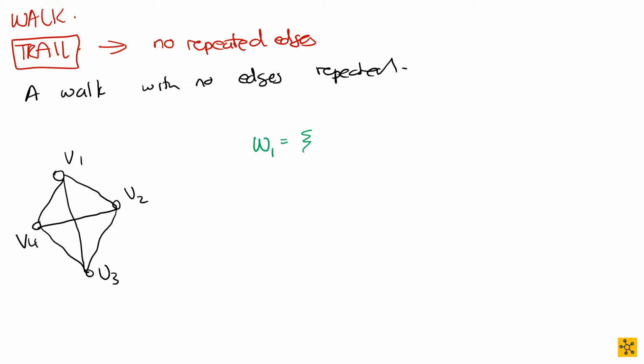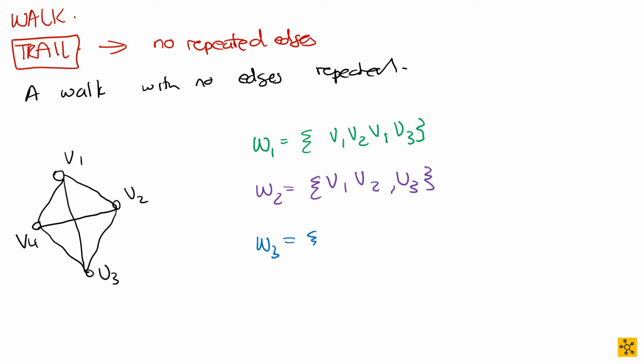W1, and we're going to call W1 from V1 to V2, back to V1 to V3. Then we're going to have W2, which is V1, V2, V3, and W3, which is V1, V2, V4, V3, V2.